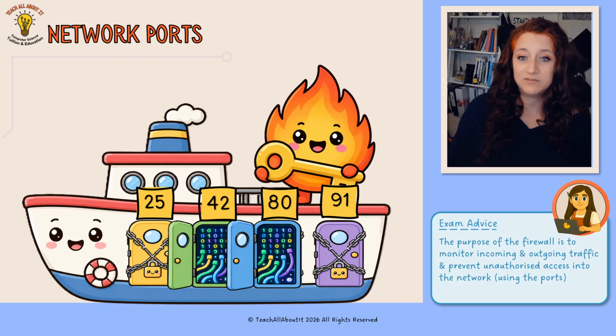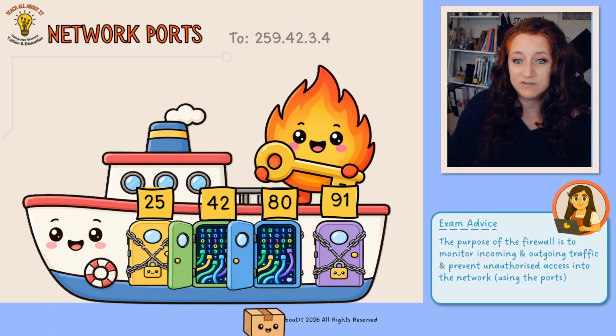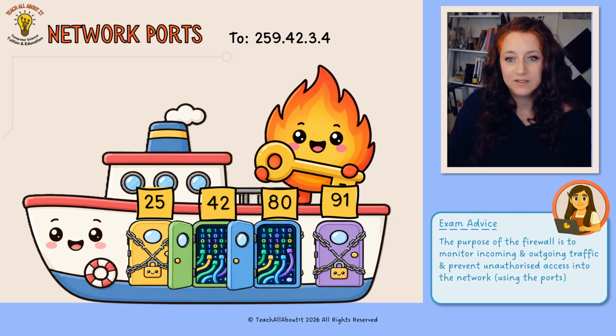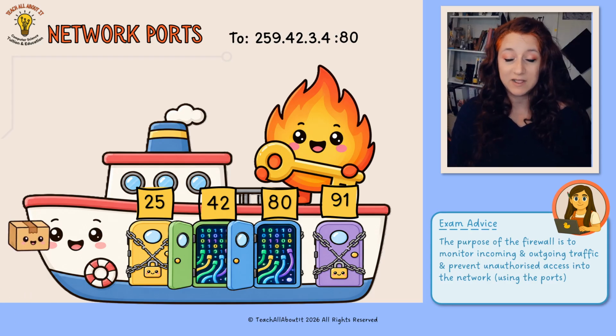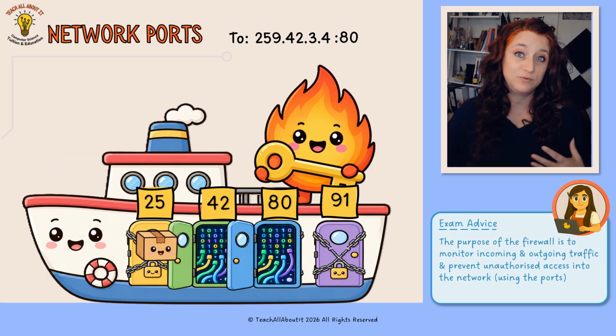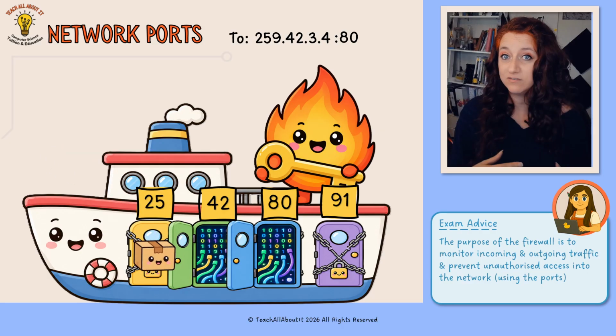So remember, the socket is your IP address on this side, so this is the whole of our network, and then the port. So it's saying I want to go to this address, which is our network, using this door. So in this case, we have an email and it's going to try and get through on port 25. And because port 25 is locked, it's just going to be destroyed.